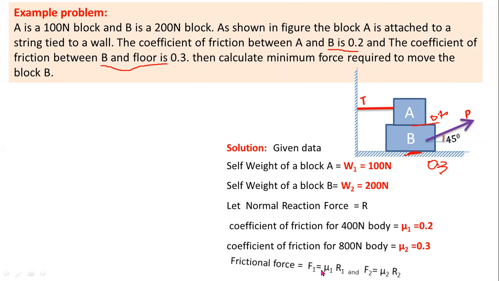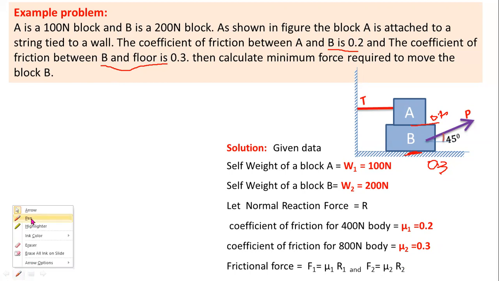Now, the frictional force between blocks A and B is F1, and the friction force between block B and the horizontal floor is F2.